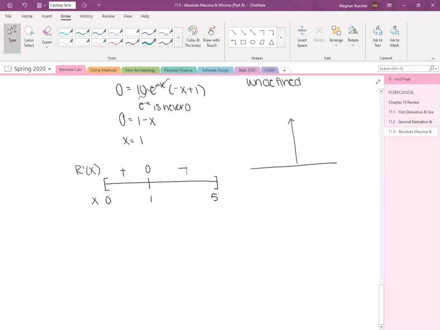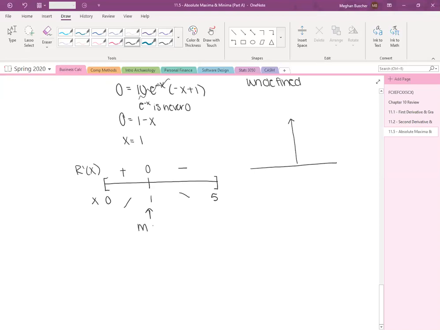So that tells us that we are switching from increasing to decreasing. Thus, what do we have going on at x equals 1? Do we have a min or a max? We have a max, right?